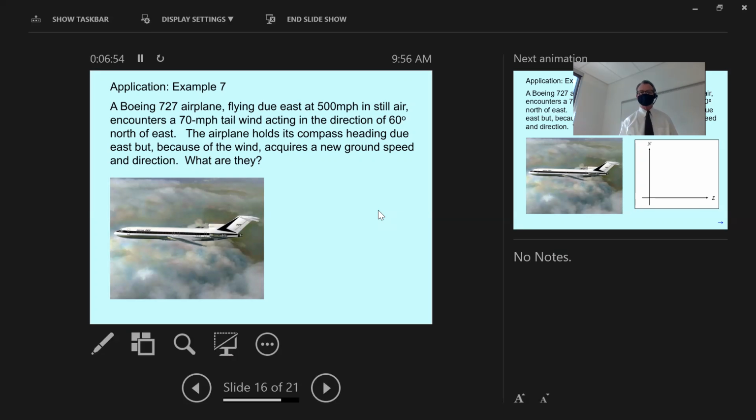But the tailwind's going in the direction of 60 degrees north of east, which means what? Here's east, north of east, there's the 60 degrees. But it's pushing the plane. What's the new direction and new speed?